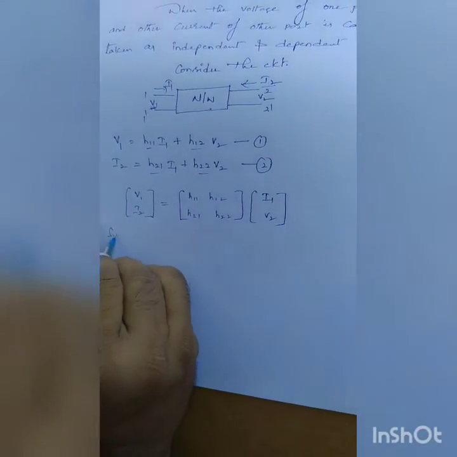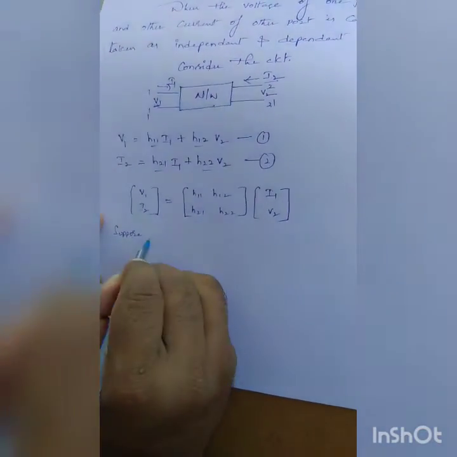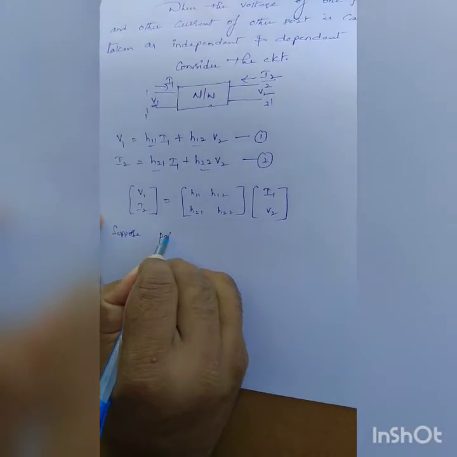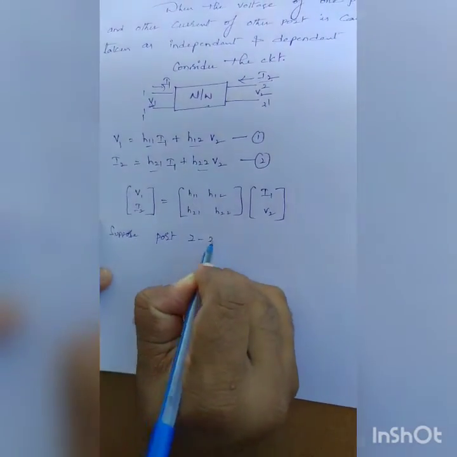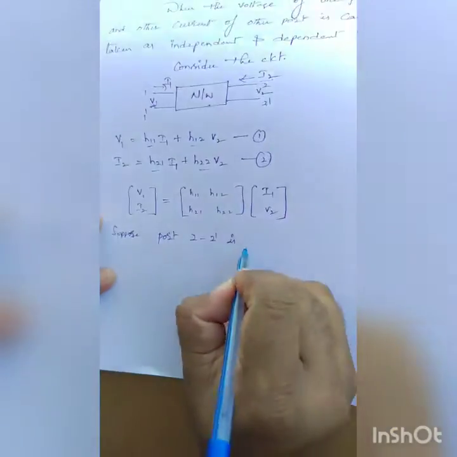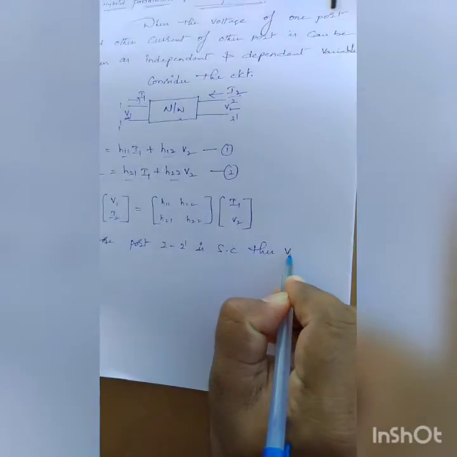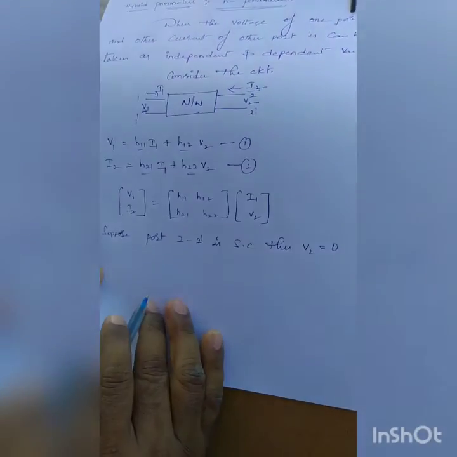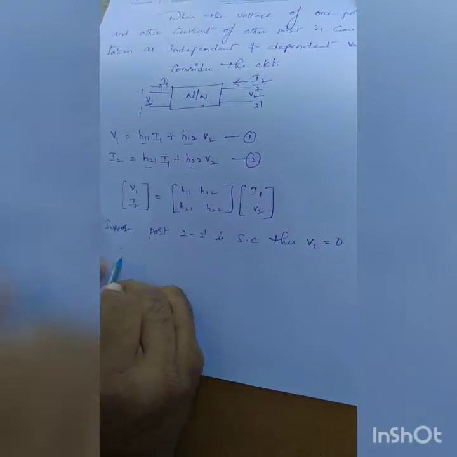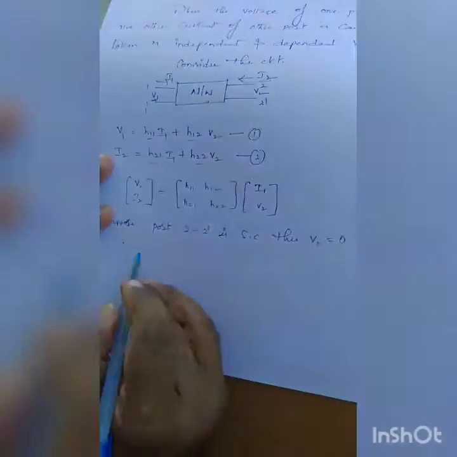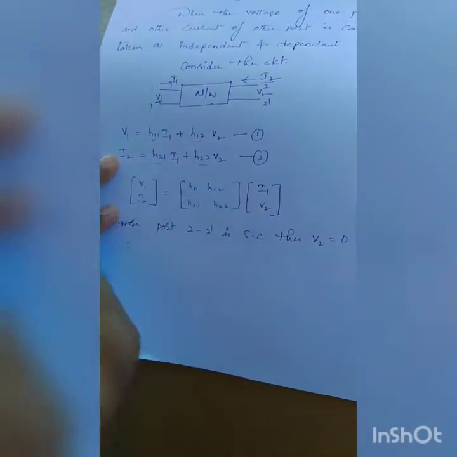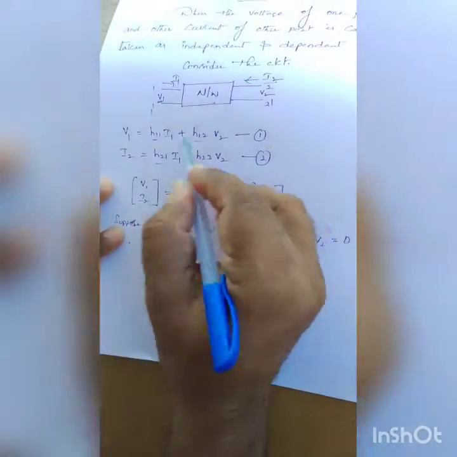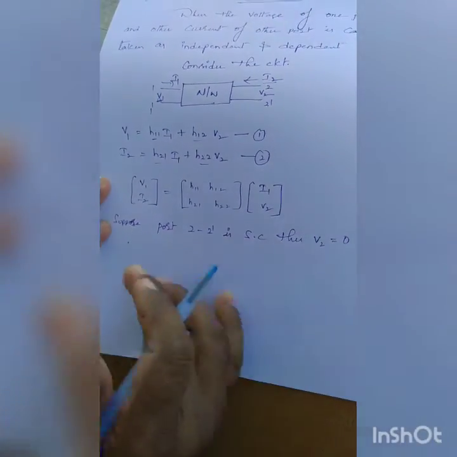Suppose port 2 dash is short circuit, then V2 is equal to 0. Therefore, from the two equations we have to find out the H11 value and H21 value, because the voltage V2 becomes 0.